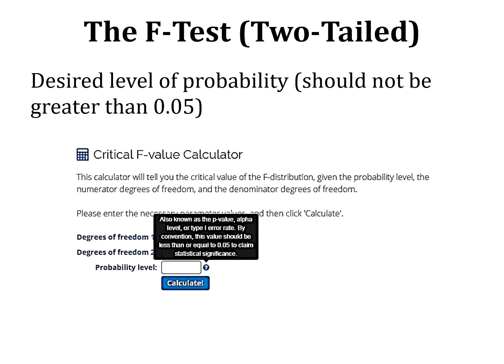So we cannot take a critical probability value greater than 0.05. So we are going to take the probability value of 0.05 against which we need to check our values, or we need to get the value of the F distribution. So we are going to put 0.05 here.